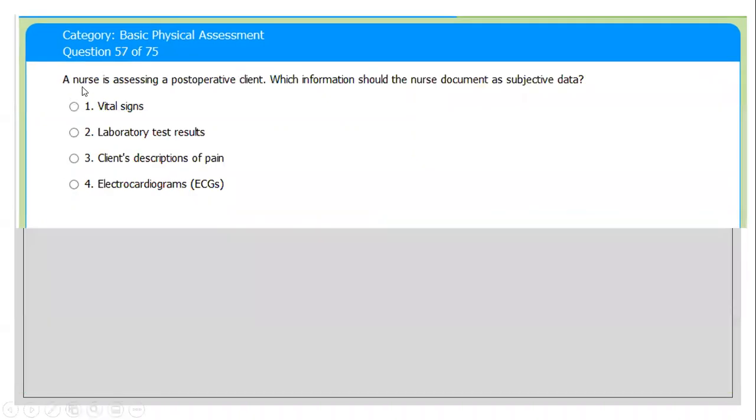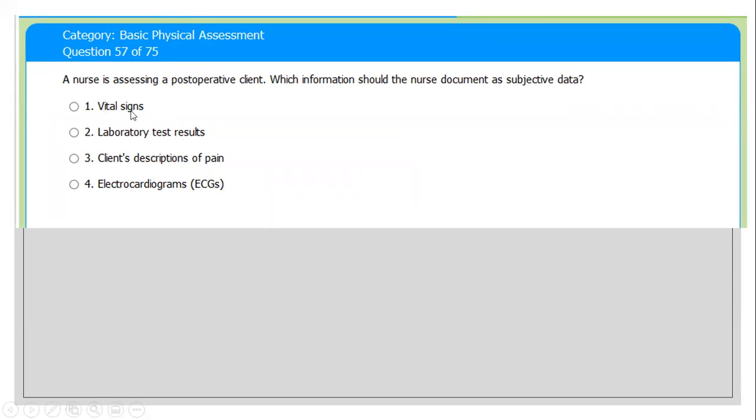Next question: a nurse is assessing a post-operative client. Which information should the nurse document as subjective data? So when documenting data, we have subjective and objective data.